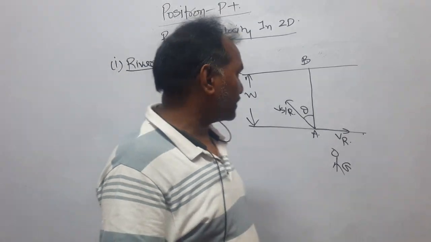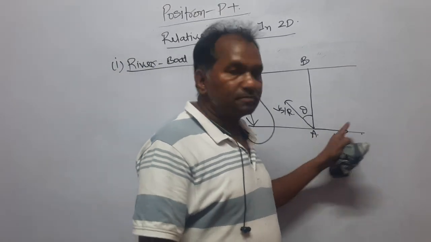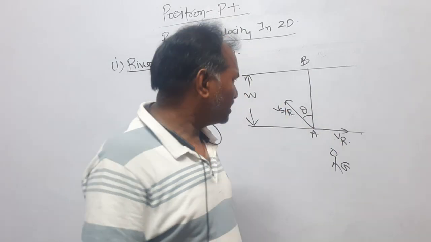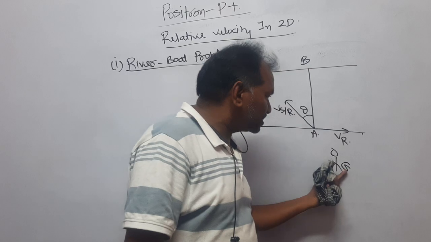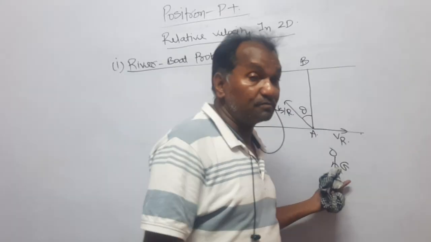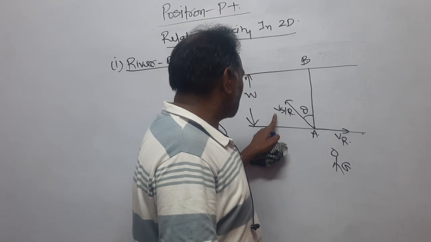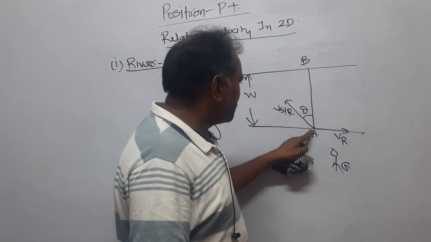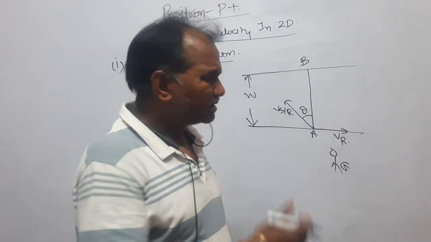A river having the width W is flowing with the velocity Vr, and with respect to this very observer on the ground we are going to solve the problem. Here, the swimmer with respect to river begins to sail at an angle theta from the vertical, right?